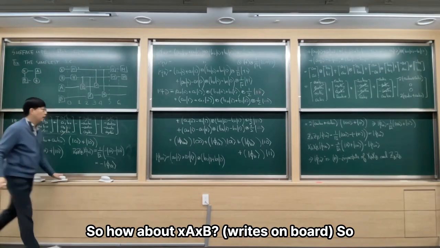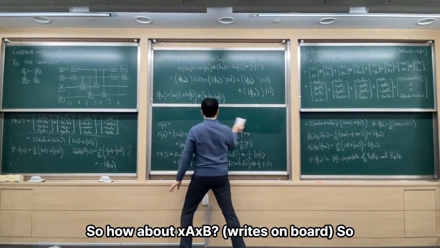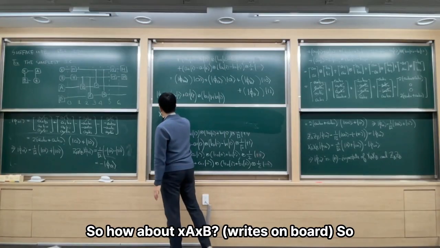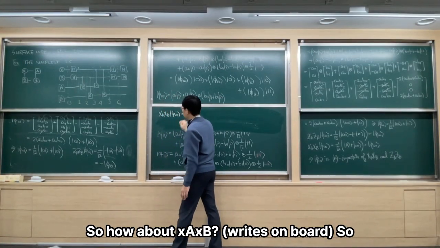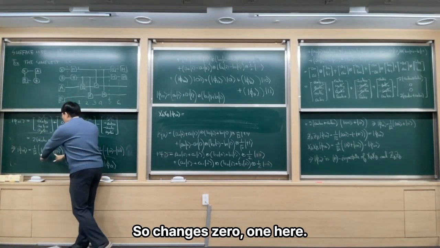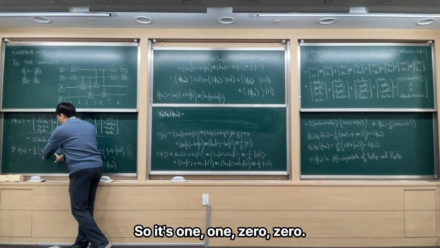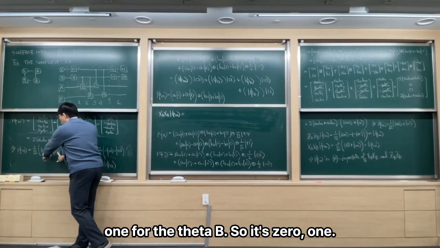So how about XA, XB? It only changes 0 and 1. So it changes 0, 1 here, so it's 1, 0, and then you change the 0, 1 for the data B, so it's 0, 1.